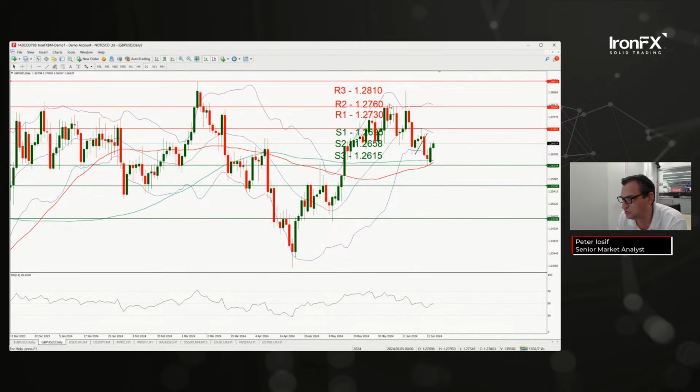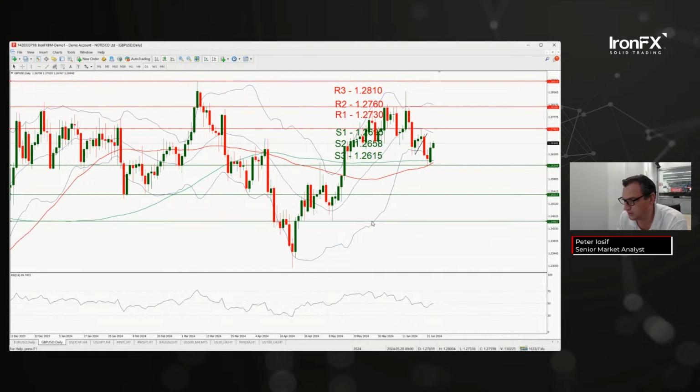I would be highlighting also this level here. You can see how it touched, it briefly broke it, but overall that seems to be holding. And that would be another peak to the downside now. And here. Why? Because we have continuous touches here and this one. 1, 2. Seems quite interesting.